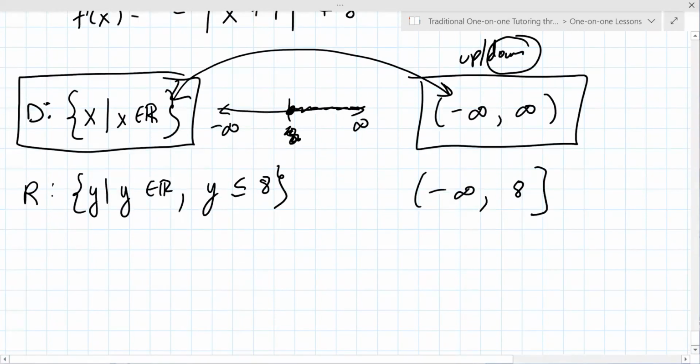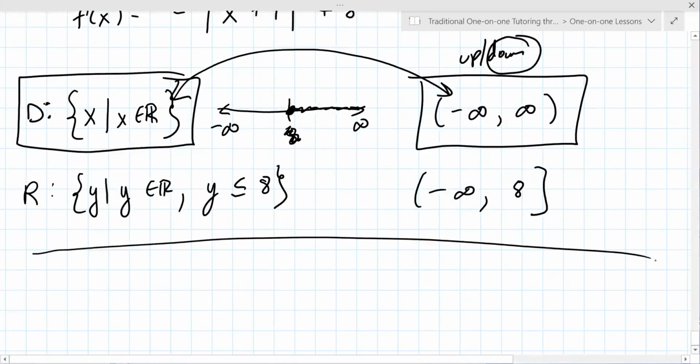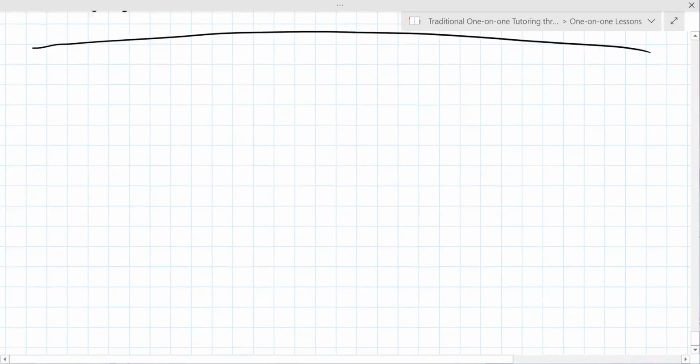Okay, let's have you try one on your own here. You could graph it if you want, but not super important. F of x equals minus 1/2 absolute value of x plus 3, minus 4.